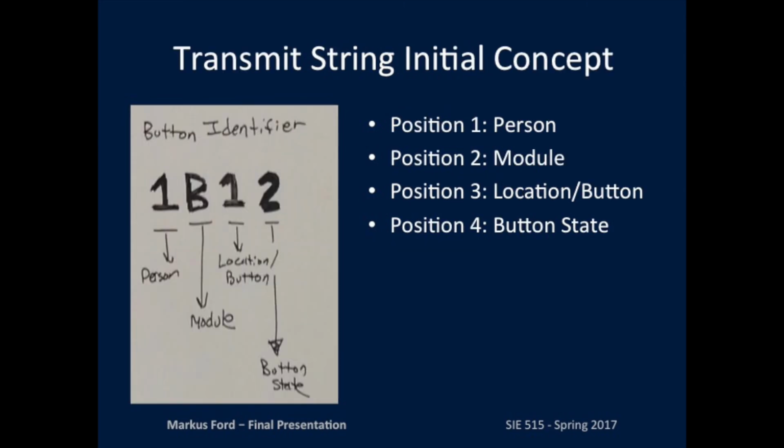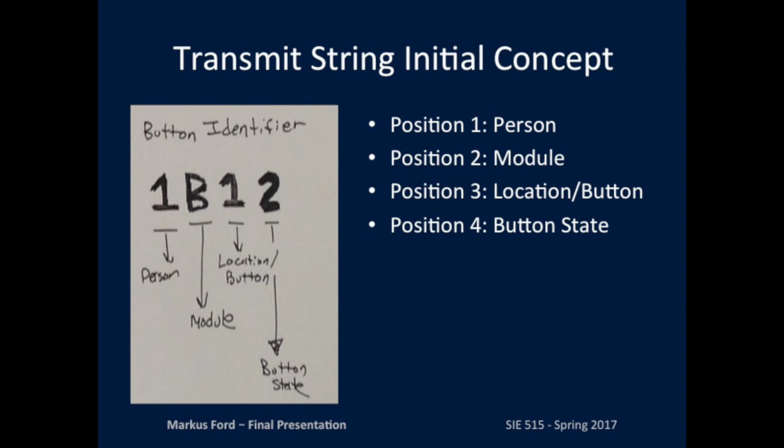Here is our approach to that communication. The string which will be transmitted to the MySQL database. We're looking at something that is a piece of intelligent coding. So at least at this initial stage, we're looking at that code having 4 characters. The first one being an indicator of the person, that user that we're tracking.